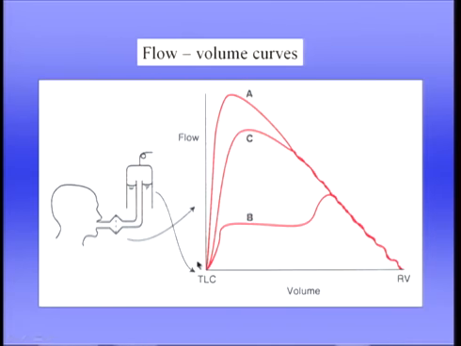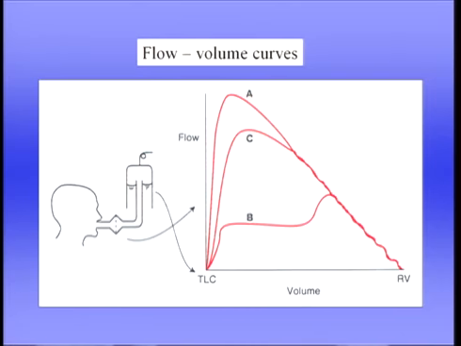Even more surprising, perhaps, is if we ask somebody to take in a full breath and just breathe out rather leisurely during the first part of the expiration, and then accelerate and breathe out as hard as he can. Again, remarkably, the flow rate increases to this envelope shown here and then decreases down the same path. So perhaps we can think that a couple of things come from this.